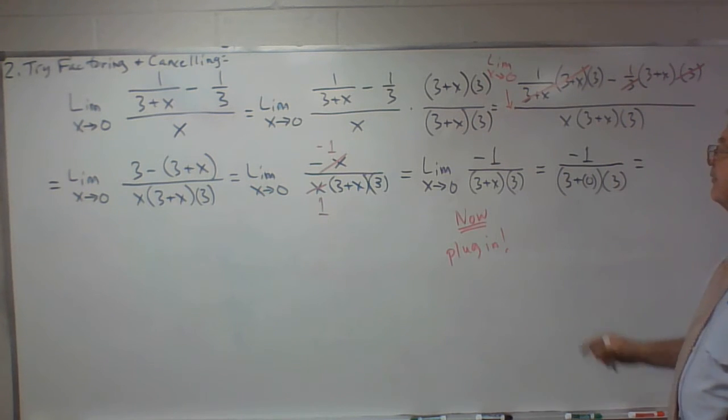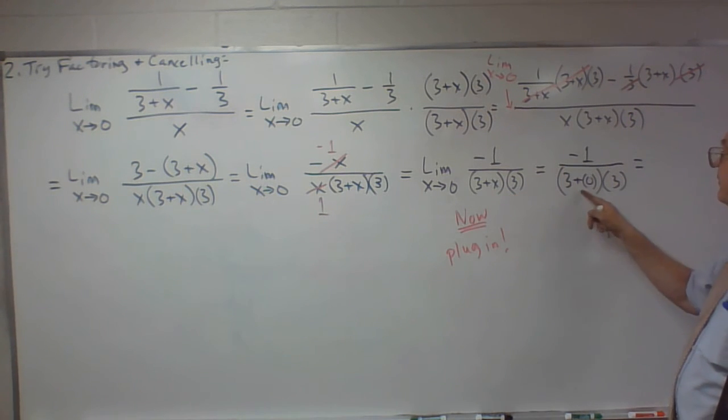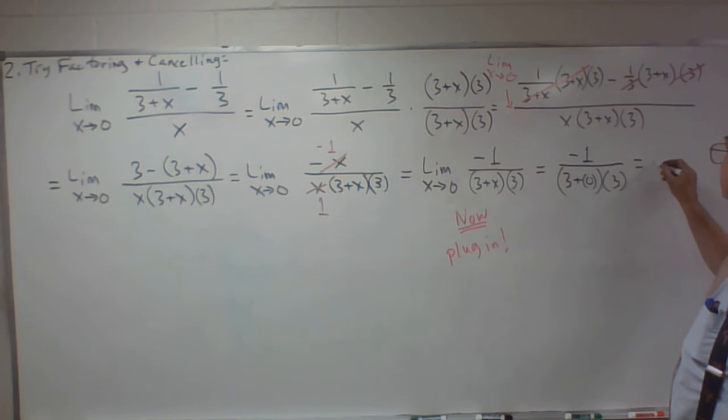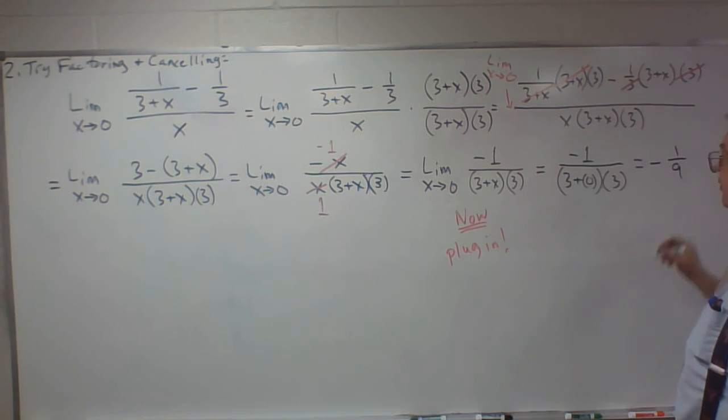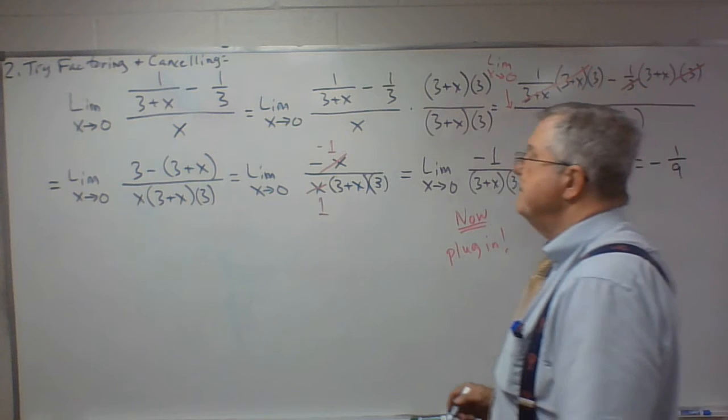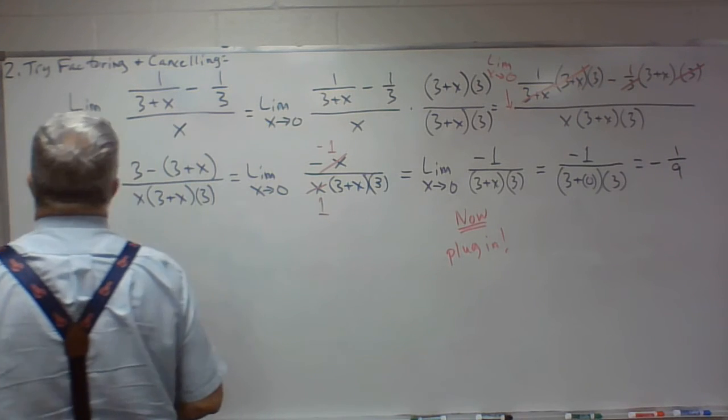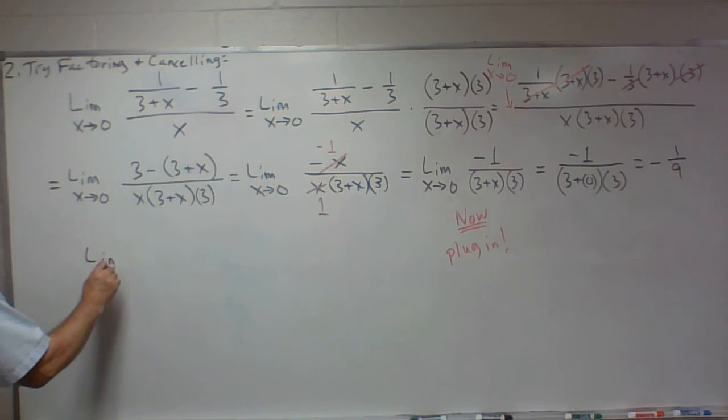And we have 1 over 3 times 3, negative 1/9. Okay, there's our answer.